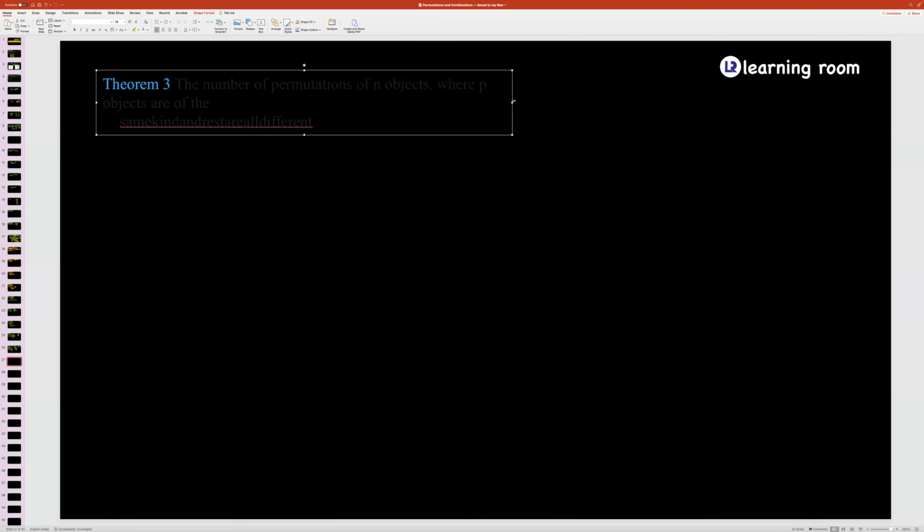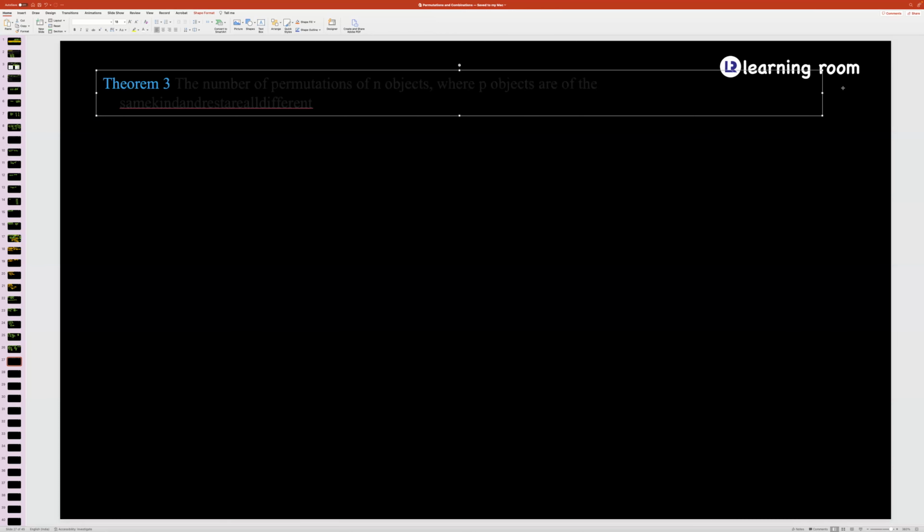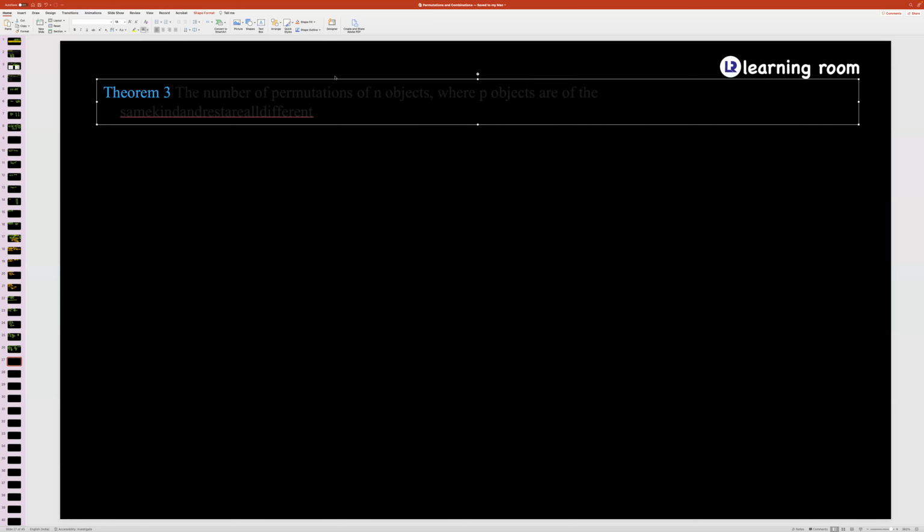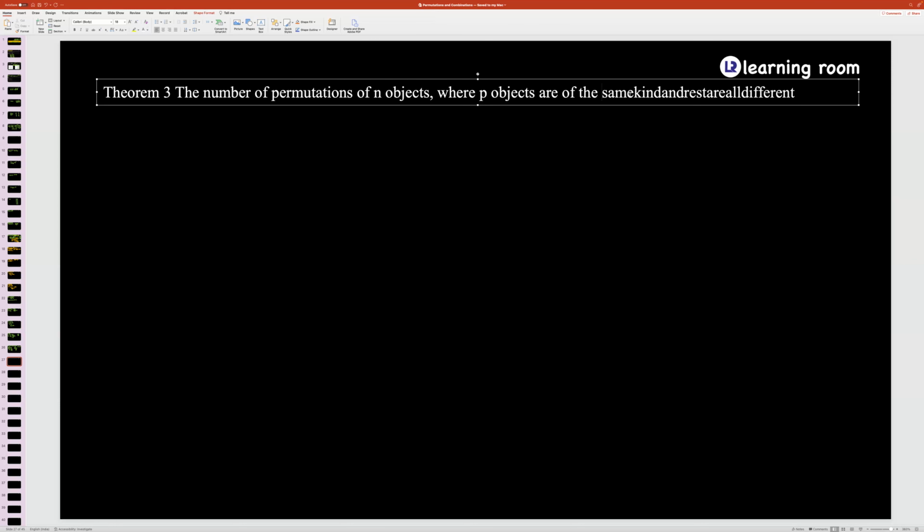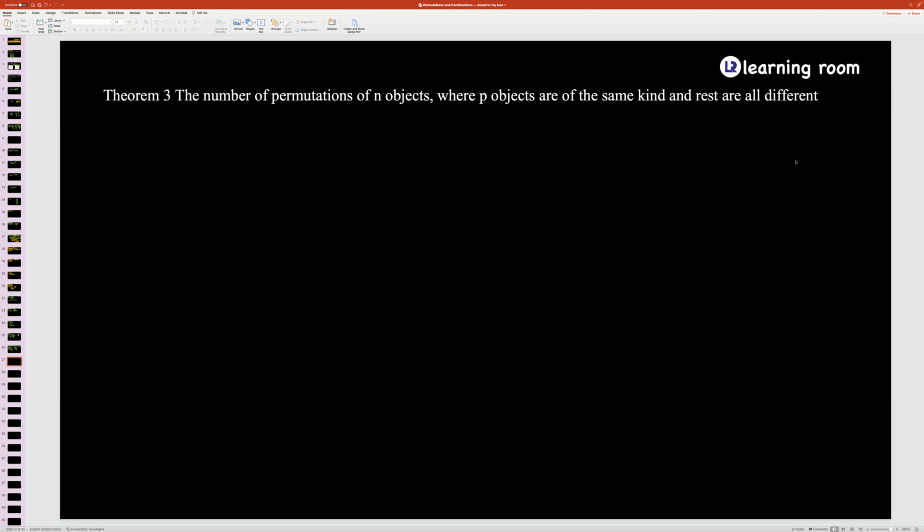So you can write down this theorem, theorem number 3.